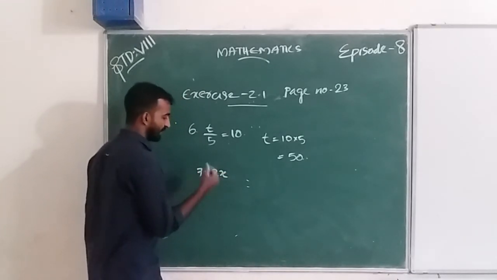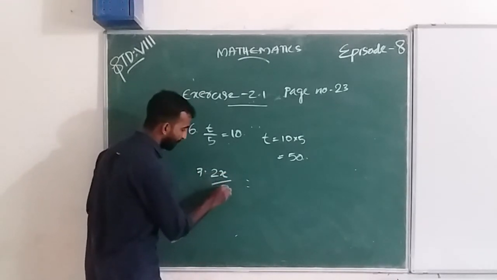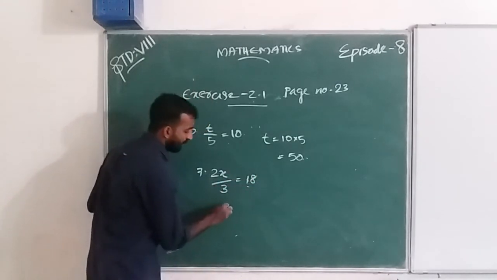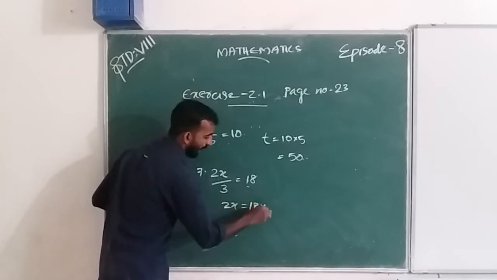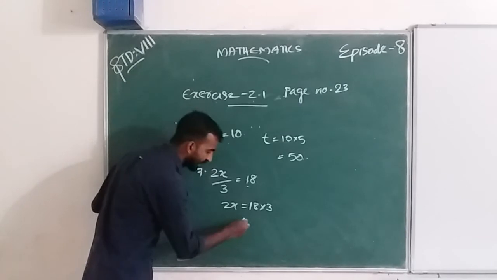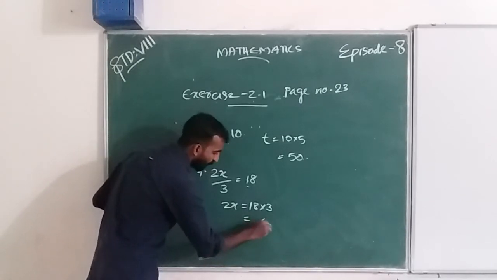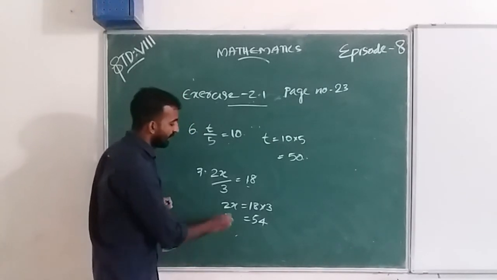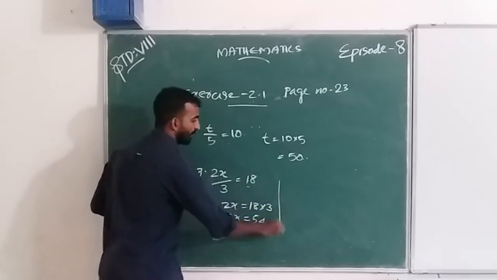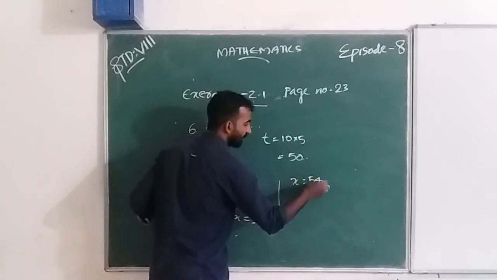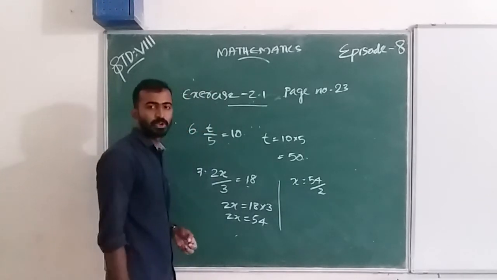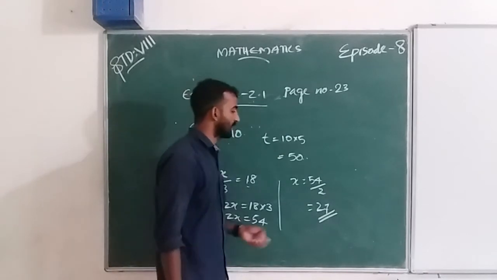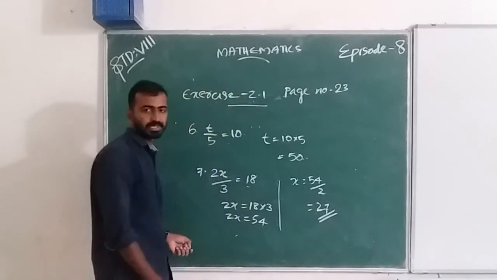next, seventh one, 2x by 3 equal to 80. That is, we can write 2x equal to 80 into 3. We get the answer 240. And 2x equal to 240, x equal to 240 by 2, that is we get 120.